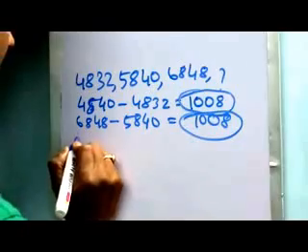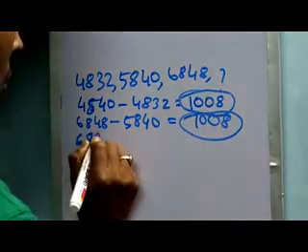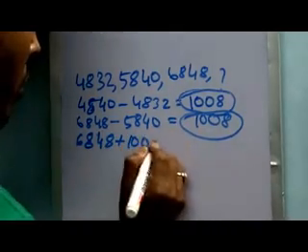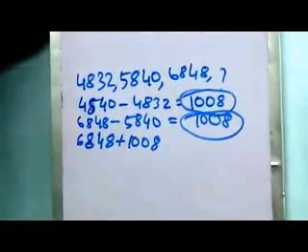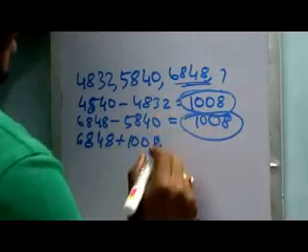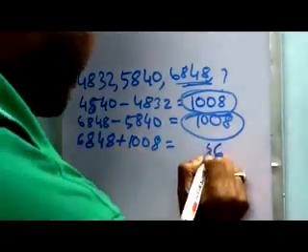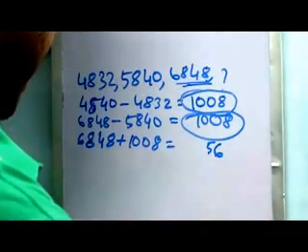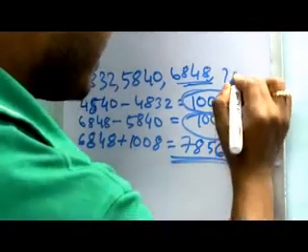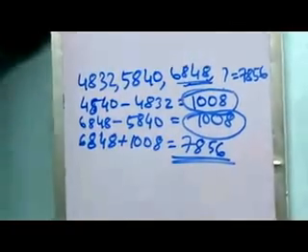The next number is, if you take 6848 and add 1008 with this number, what will you get? 7856. So 7856 will replace the question mark.